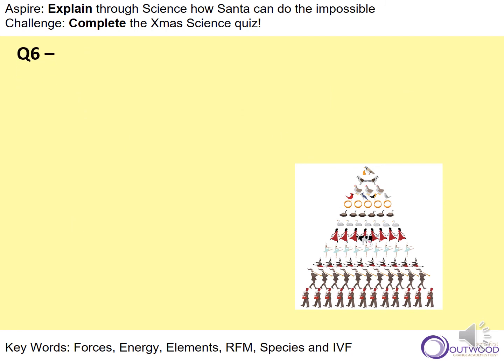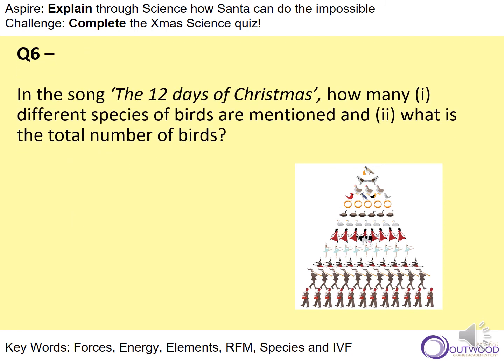Question 6. In the song The 12 Days of Christmas, how many different species of birds are mentioned and what is the total number of birds? Someone can play the song, so hopefully you can pause the video here and play that song. I can't play it because of copyright issues, but you can play the song now, and we can have a sing along to it.